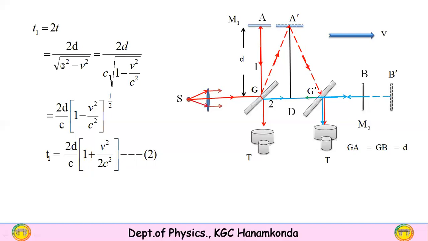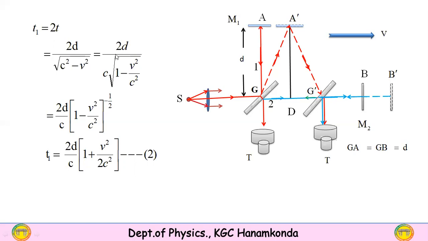In this denominator, I am taking c square out from the square root. That will become 2d by c into square root of (1 minus v square by c square). Here I am taking c square out, therefore 1 remains, and here v square by c square is there. Under root of c square will be c.